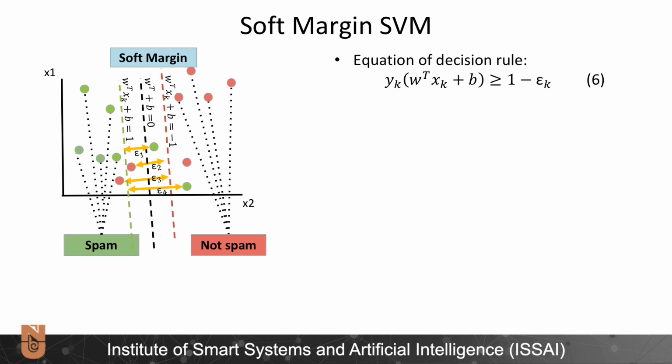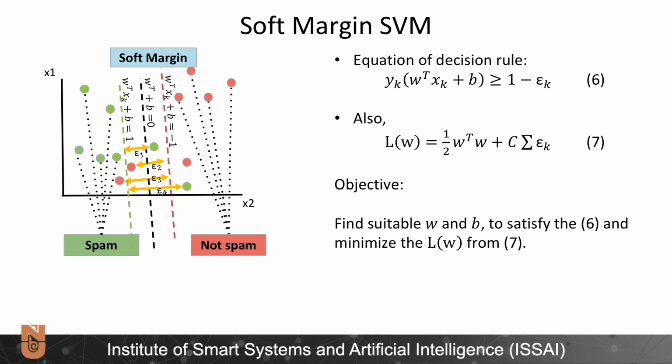For incorrectly classified samples, we can calculate the error in terms of the distance between the data point and the decision boundary for that sample. So the objective function that we want to minimize has one more term, which is the sum of all errors multiplied by a constant c. So for soft margin SVM, we want to find suitable w and b that satisfy equation 6 and minimize L of w from equation 7.